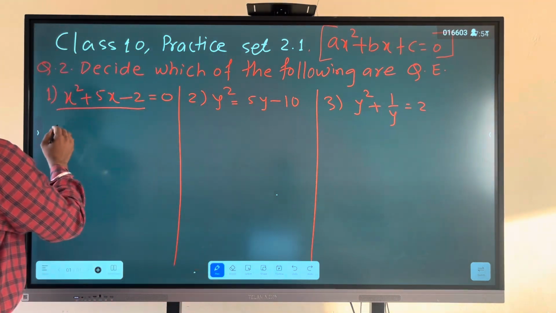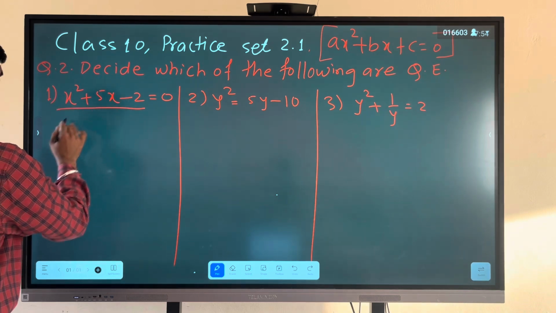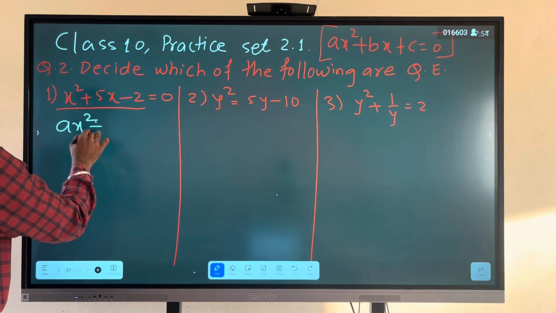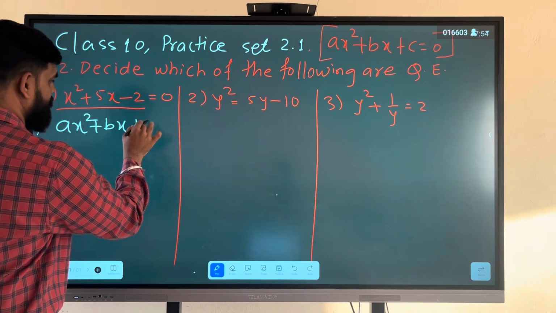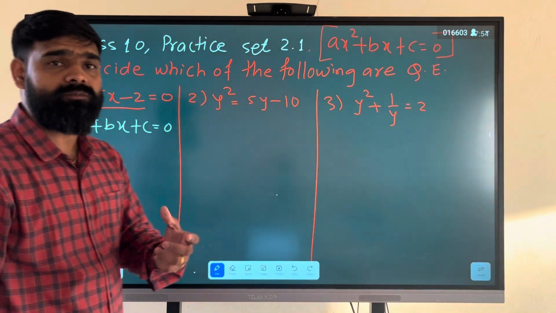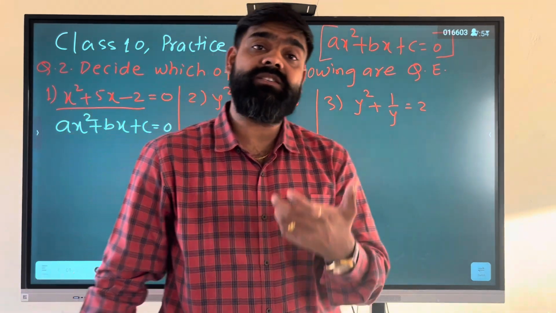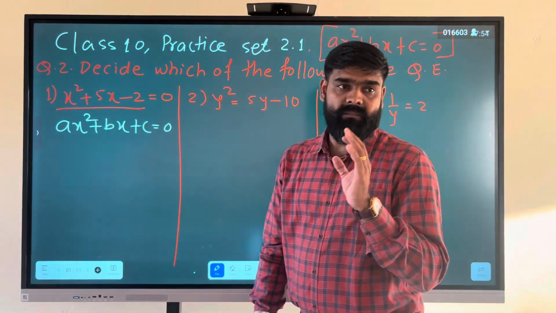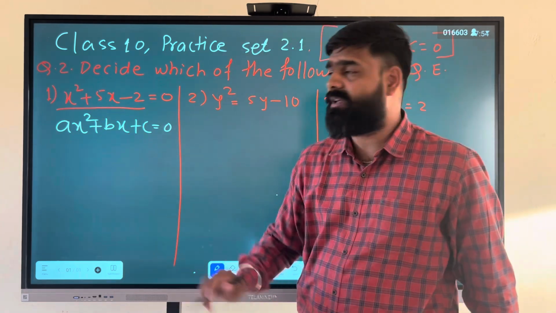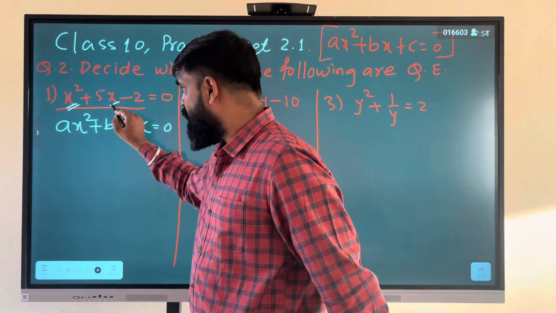So let us solve this. Suppose this is the quadratic equation. We have to compare it with ax square plus bx plus c is equal to 0. First we have to observe that the number of variables should be 1. In this case we have only one variable, x.